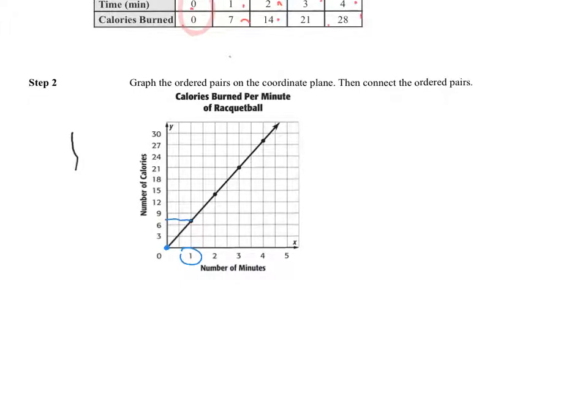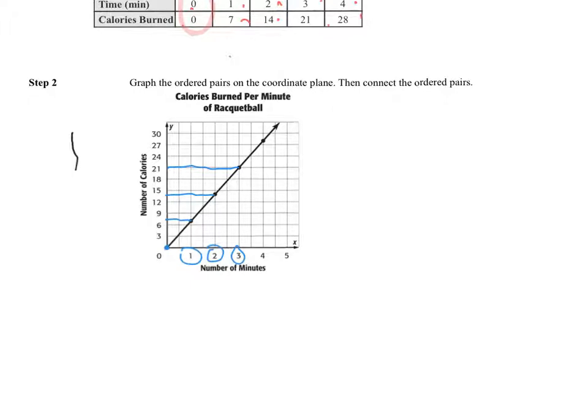At 2 minutes, it's 14 calories. At 3 minutes, 21, 4, and so on. Do you see how that pattern is happening? So it's plotting the chart that's above that table and putting it on a graph. Are you with me there?